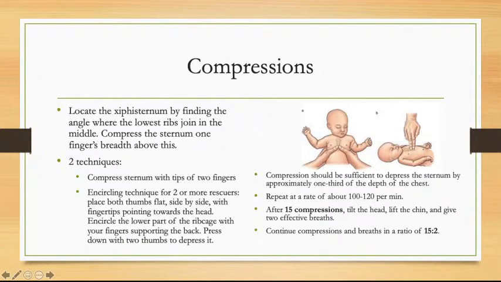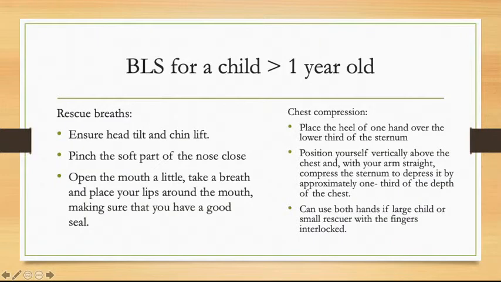The rate should be about 100 to 120 per minute, and you do 15 compressions, then give 2 breaths. So this is not adult BLS where it's 30 to 2. It's 15 to 2. The chest should depress by about 4 cm for infants and 5 cm for kids over 1 year old.